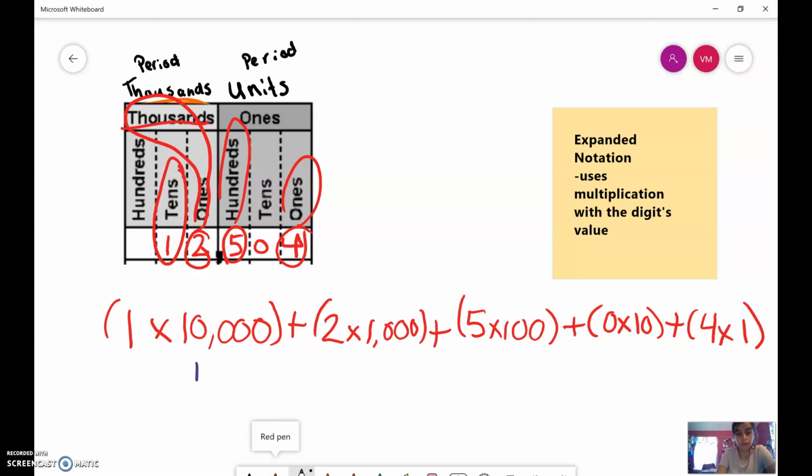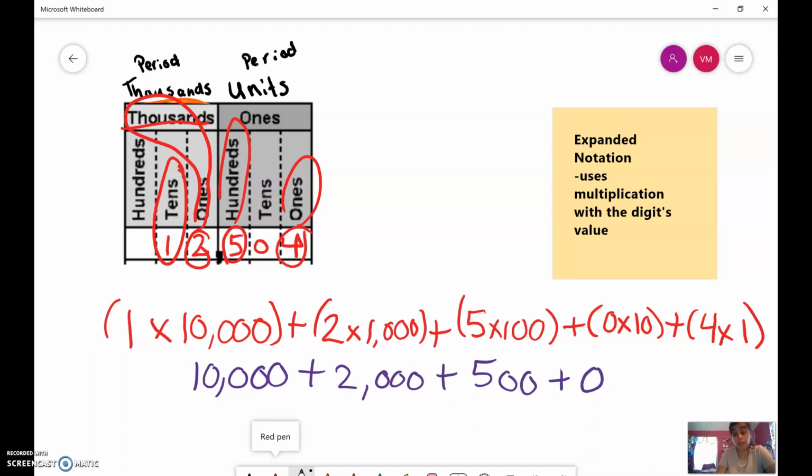1 times 10,000 is 10,000. And I'm separating. 2 times 1,000 equals 2,000. 5 times 100 equals 500. 0 times 10 is always 0. And some of you like to put double 0 because it kind of fills the spot. And then 4 times 1 is 4.